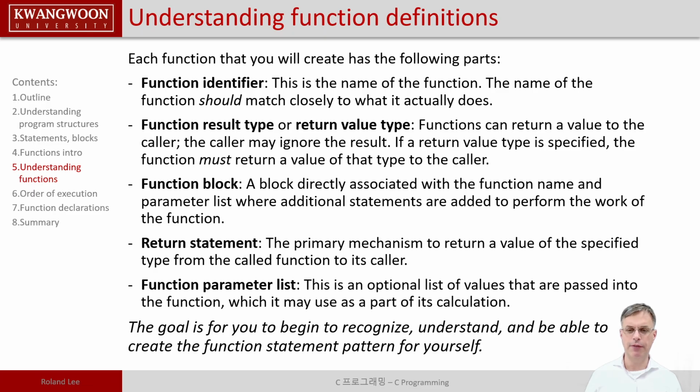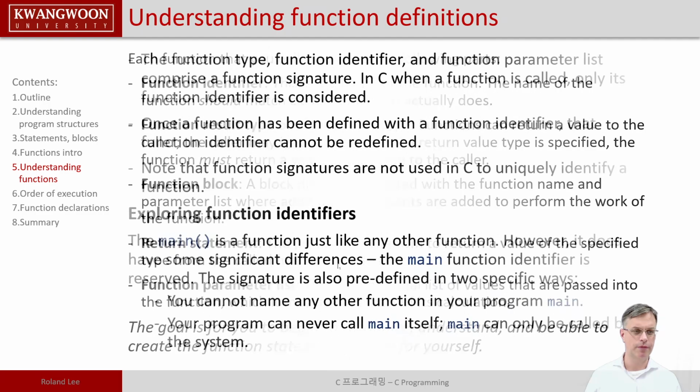Now, the goal is for you to begin to recognize, understand, and be able to create a function statement pattern for yourself. We will use an absolute minimum C program with main as our example function and highlight each essential part afterwards.